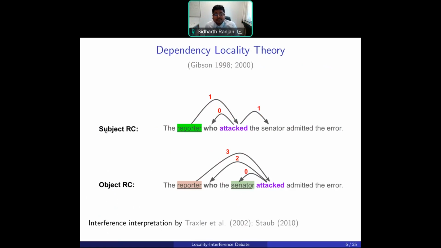Unlike in the subject clause, where there is no such word between reporter and attack that matches the properties of the reporter. Therefore, we will have more interference in object-relative clause structures than subject-relative clause structures, and hence more comprehension difficulty in ORC than SRC.